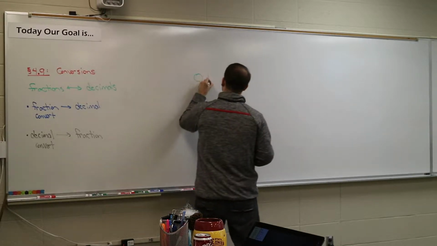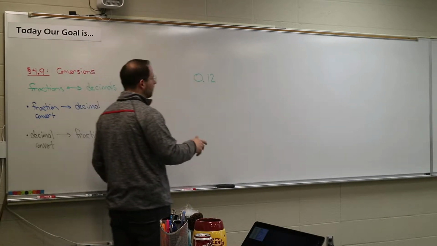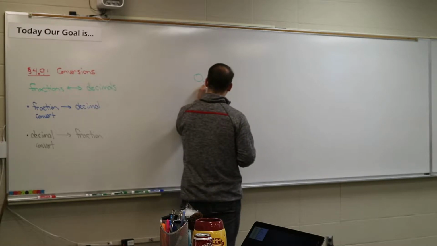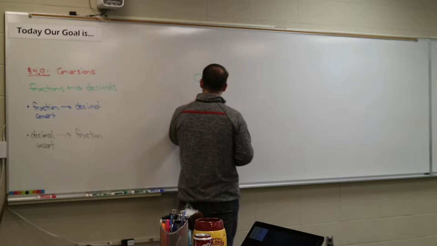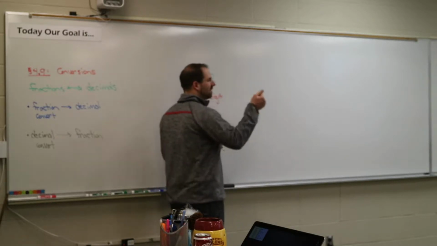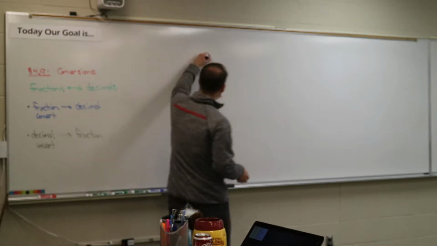12. 12, okay, I like it, 12. All right, in this case, how many numbers are behind the decimal? Two digits, right? That is a 2-digit number behind the decimal. In fact, what's the last spot in place value, what's the last word called? Where does it end?